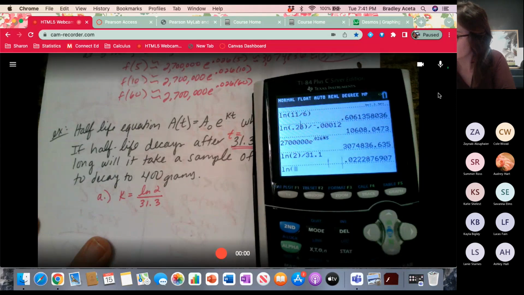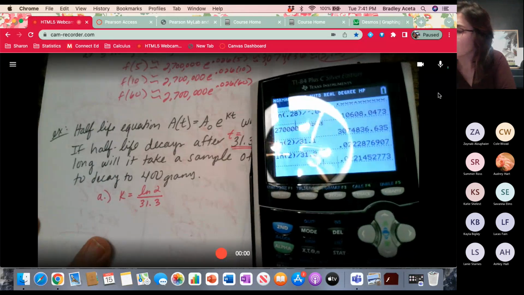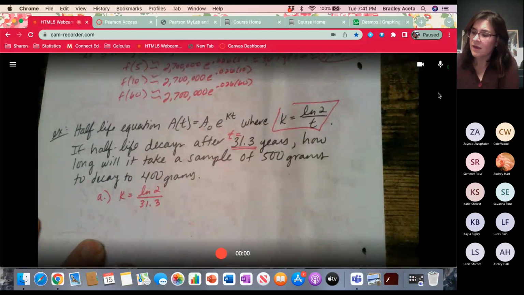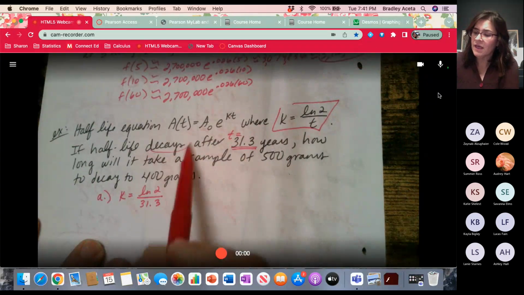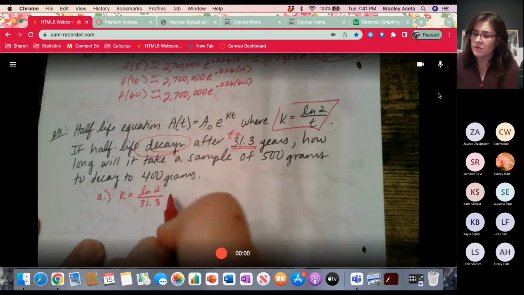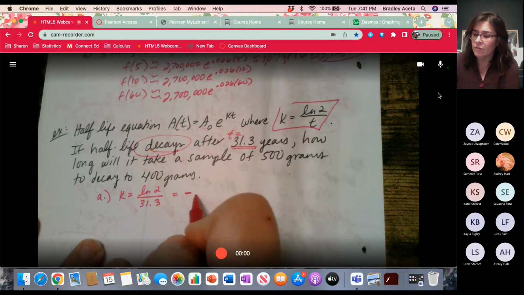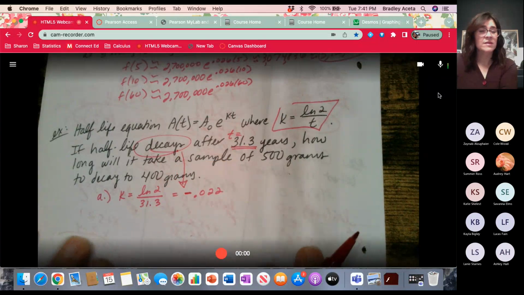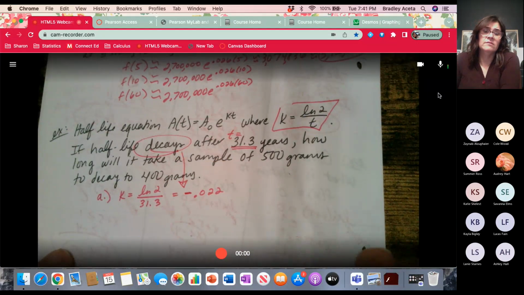Oh, I just messed that up. ln 2 divided by 31.3. 0.022. Now, if we are decaying, it's actually negative 0.022, if that makes sense to you, because we're getting less of it, so it's decaying. If we're growing, it would stay 0.022.